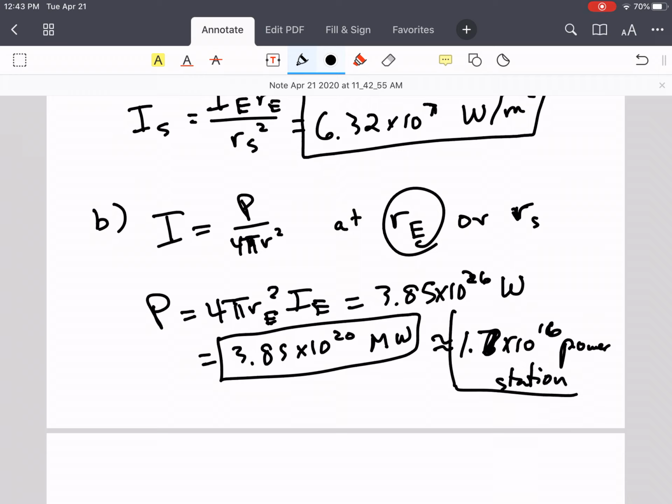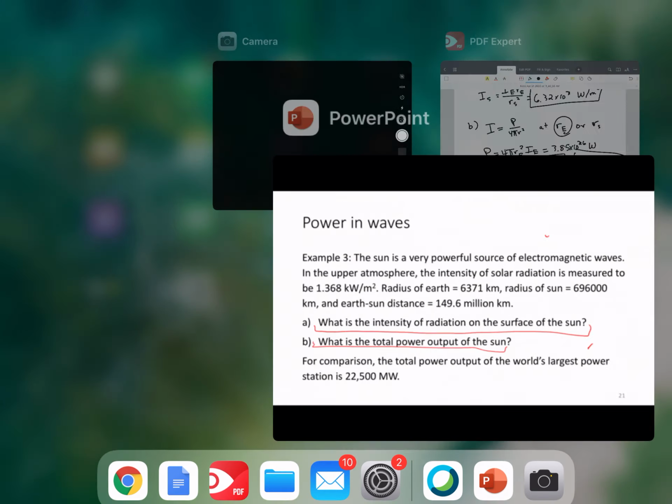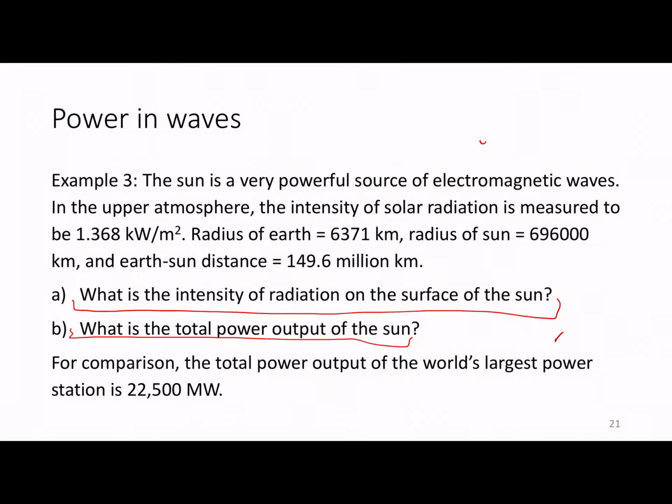The upshot of this calculation, which should come as no surprise, is that the sun is a very, very powerful source of electromagnetic radiation. All right, that's all I wanted to cover for now. For those who are not interested in a little bit of extra material, thank you for listening to this lecture. The important take-home messages are that waves are disturbances in a background. A common example of a wave is shaking a string.